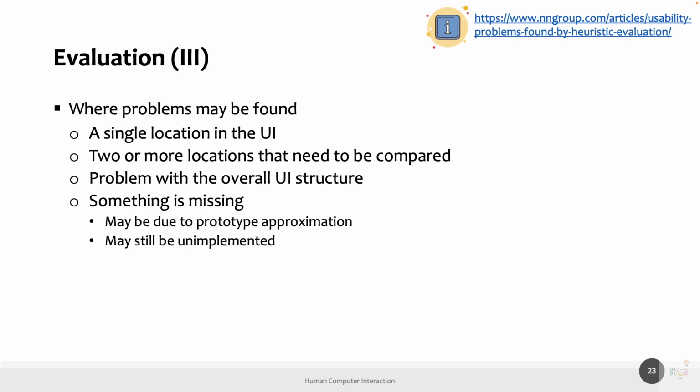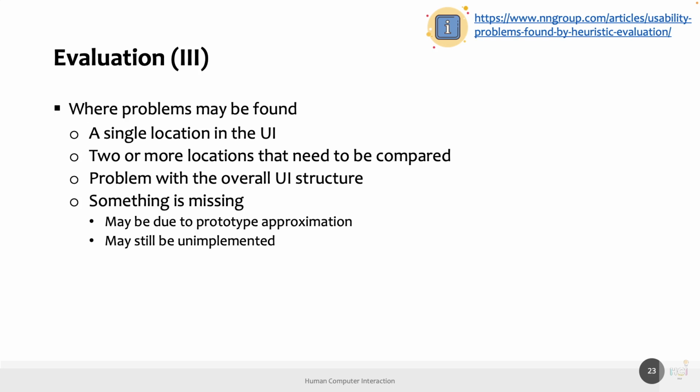And also, there can be something that is missing. So maybe there is an important task, there is a button for deleting something, and you are not providing any feedback about the result of this operation. Or you are not asking confirmation for a dangerous operation. So here you are missing some feedback. So something missing.